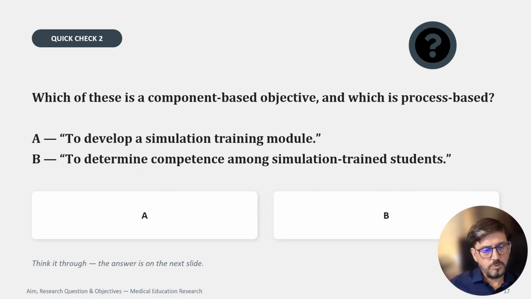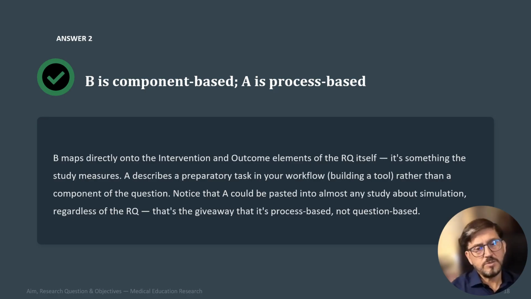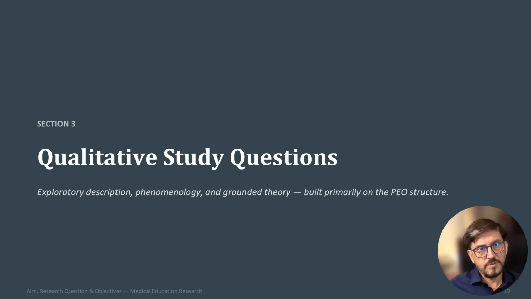B is competence-based and A is process-based, and that was very clear because A was about making a study guide, whereas B is competence-based because it maps directly onto the intervention and outcome elements of the research question itself, and that is something the study is measuring. So this distinction should be kept in mind while writing the research objectives.